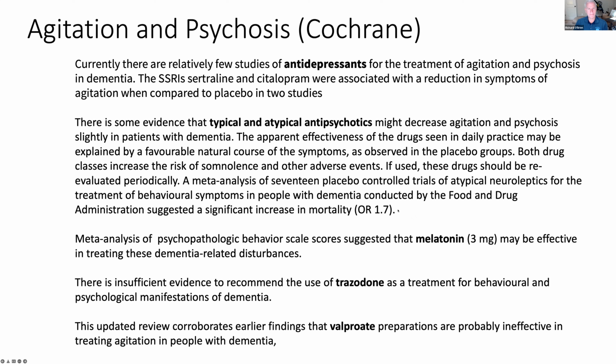And the point they make is that you need to reassess their necessity every 6 months or so. And I agree with that because these psychotic symptoms can fluctuate. They do recommend melatonin for behavioral symptoms. They say there's no data that trazodone or valproate does anything.